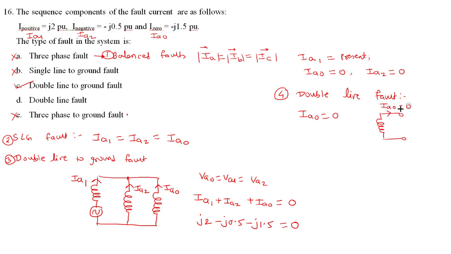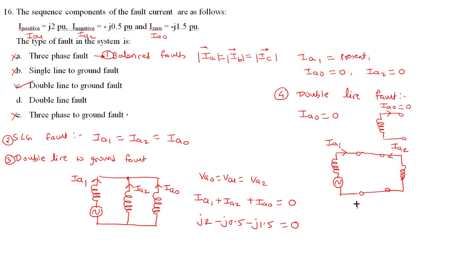And the remaining two sequence networks, that is the positive and negative sequence networks, are connected in parallel. So this is the positive sequence network, and this one is the negative sequence network. They are connected in parallel to each other. So this current is IA1, whereas this current is IA2.